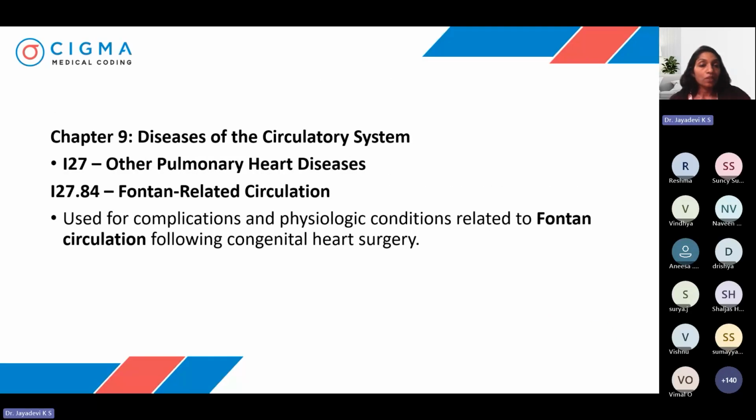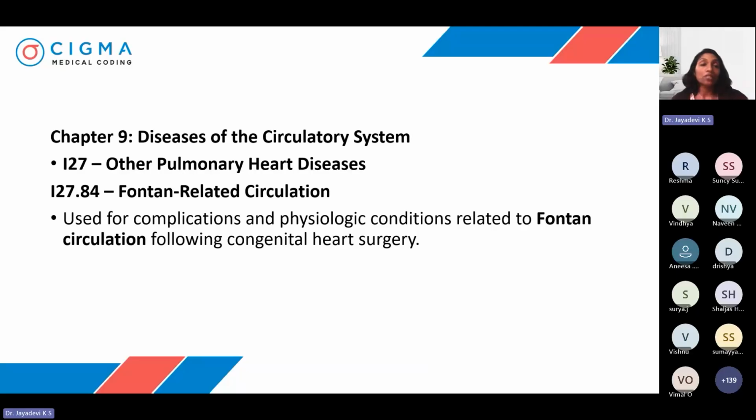Now, 9th chapter, circulatory system. There's a new code, I27 category, that is other pulmonary heart diseases. This is Fontan-related circulation. See, Fontan-related circulation is a circulation that gives a direct link between the heart and lung. This is a surgery that is done for congenital heart disease.